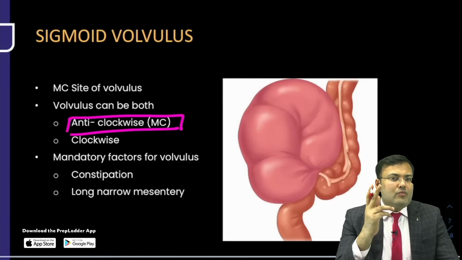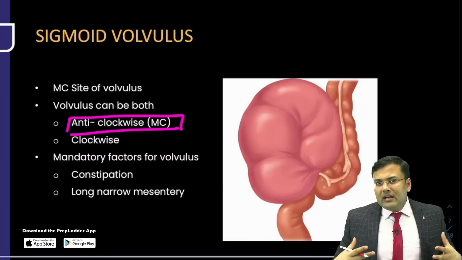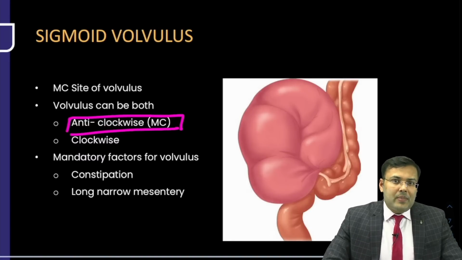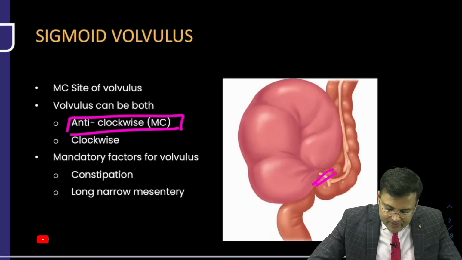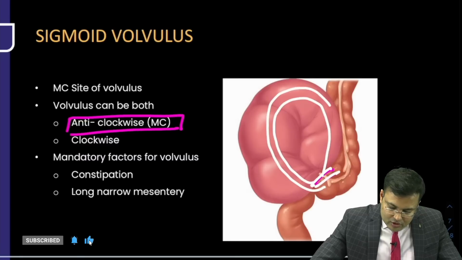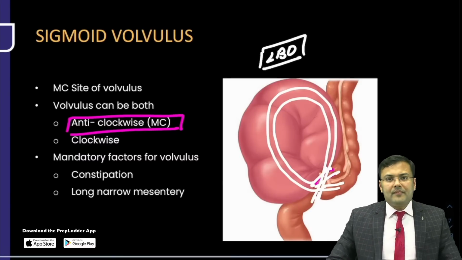There are two mandatory factors for sigmoid volvulus. First, there should be a long narrow mesentery, and second, the patient should have constipation, so that the sigmoid colon is going to twist. Here you can see the twisting of the sigmoid colon. So what kind of obstruction is this? This is closed loop obstruction. These patients have signs and symptoms of large bowel obstruction.